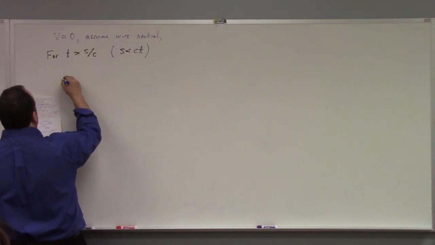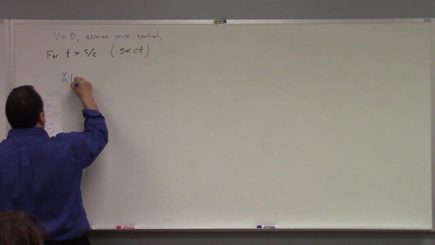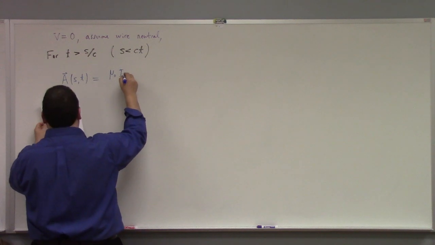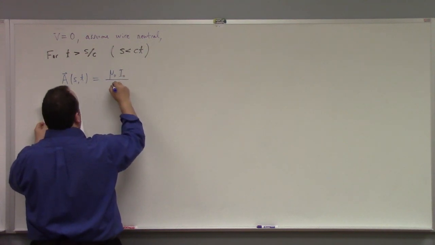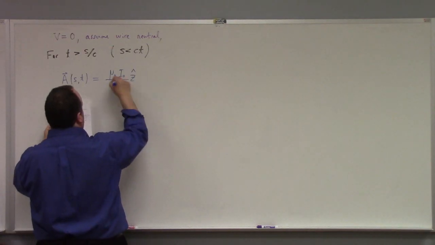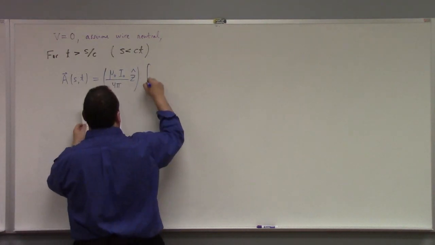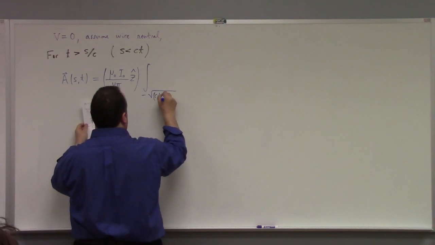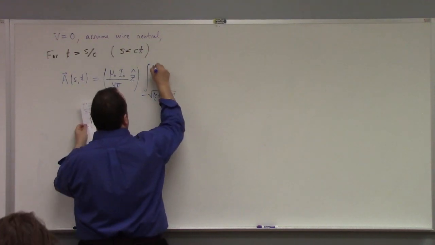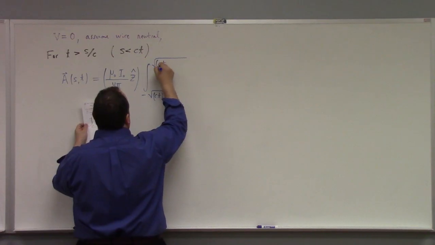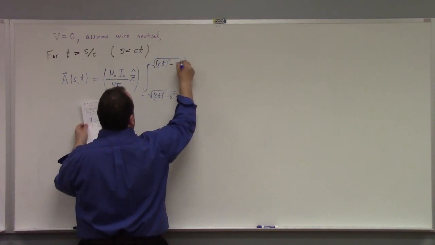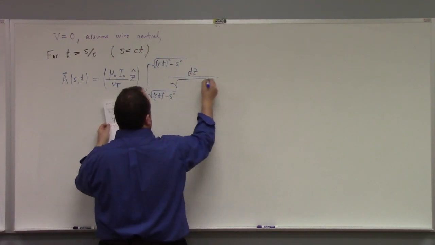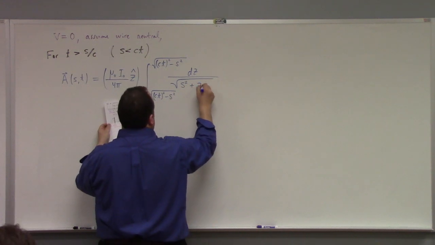The vector potential at s, t should be equal to mu naught I naught divided by 4 pi, z hat, times the integral from minus the square root of c squared t squared minus s squared to the square root of c squared t squared minus s squared, dz divided by the square root of s squared plus z squared.